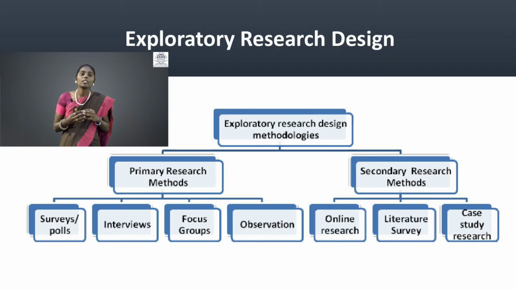So, we can even search websites to get the information, or do a literature survey through books, journals, articles, newspapers, right. We will be able to collect information through literature survey as well, and case study research.